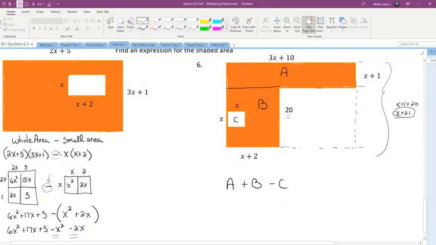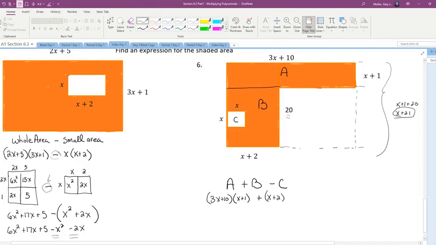So what is A? A is going to be 3x plus 10, the length, times the height or the width, x plus 1. So that's the area of A. Plus B, we have x plus 2 across the bottom here. And the height is 20.